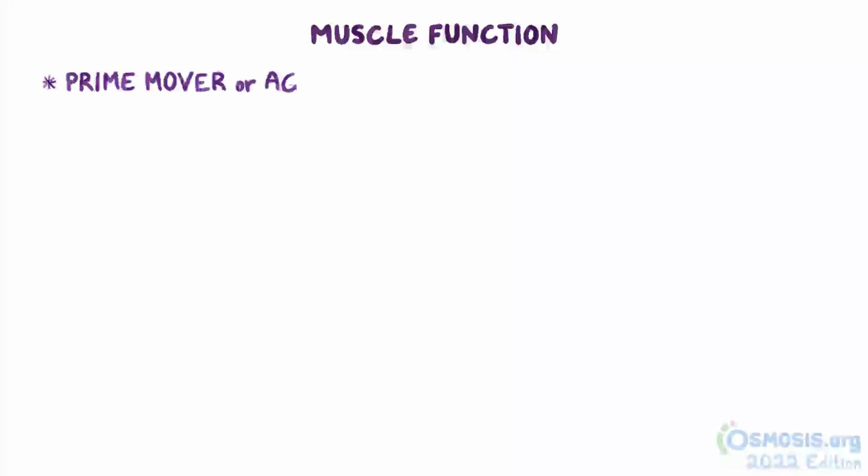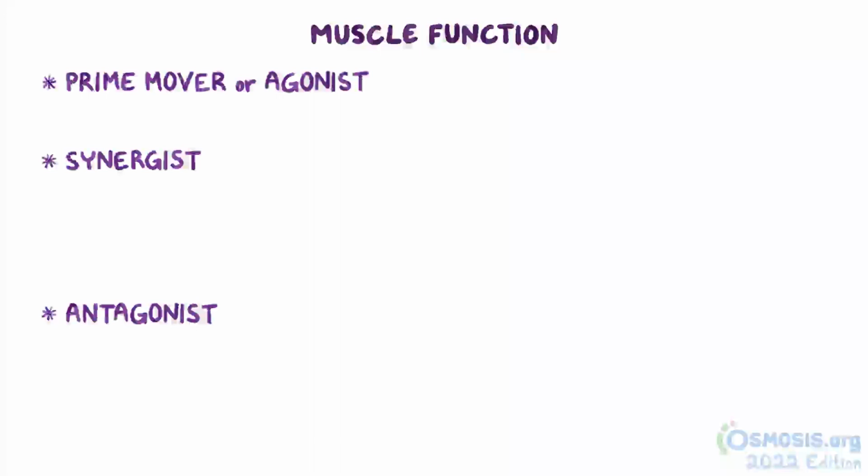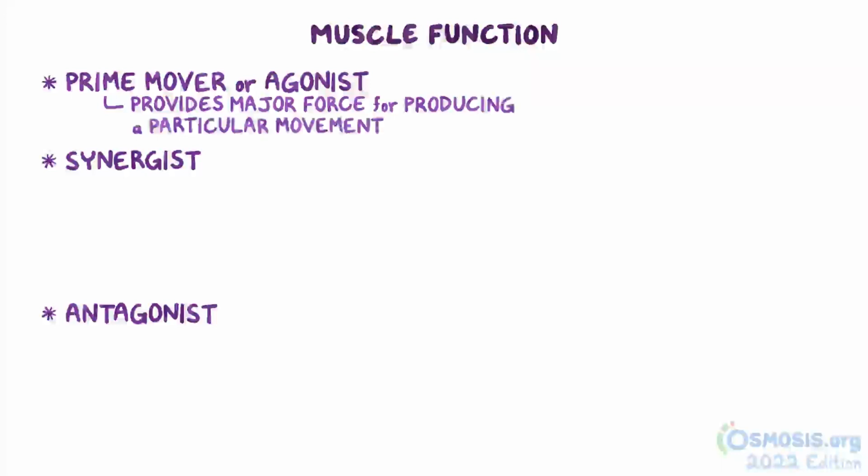Now, let's talk about muscle function. The function of each muscle can be described using terms like prime mover or agonist, synergist, and antagonist. The prime mover, also called the agonist, is the muscle that provides the major force for producing a particular movement. This agonist often has a synergist, which is another muscle that helps the agonist directly or indirectly.